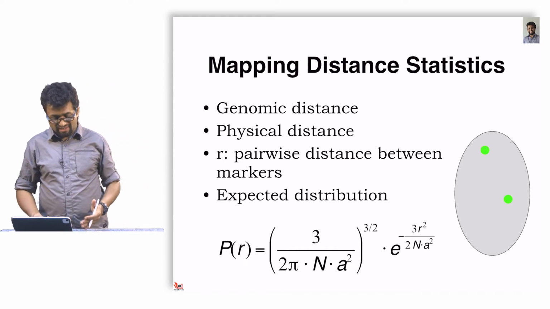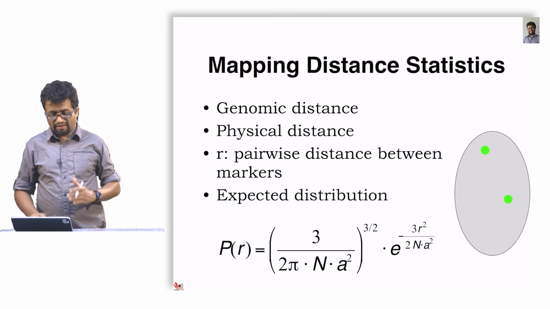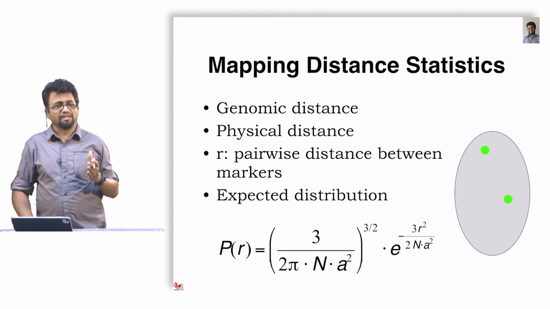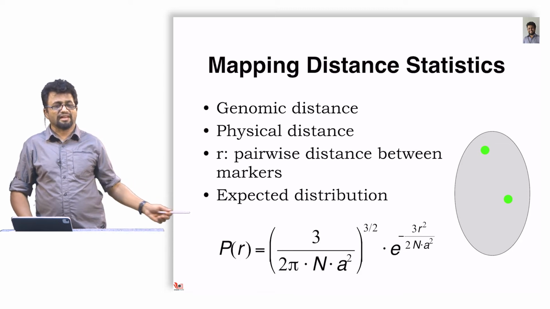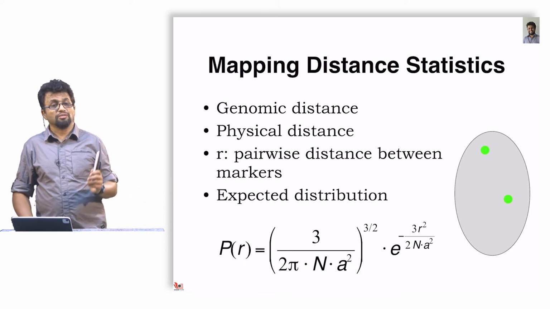The pairwise distance between the markers can then be mapped in terms of a probability distribution which fits this exact expression based on polymer theory.